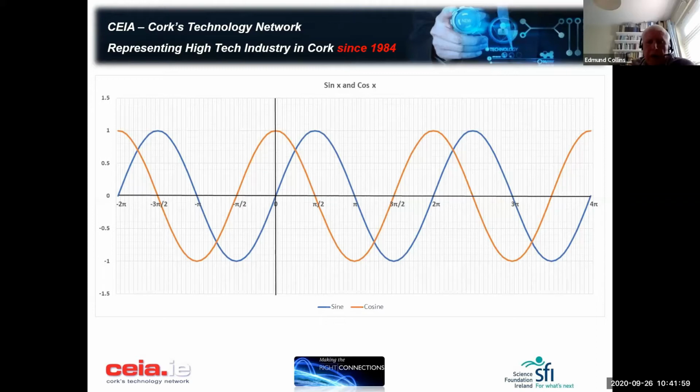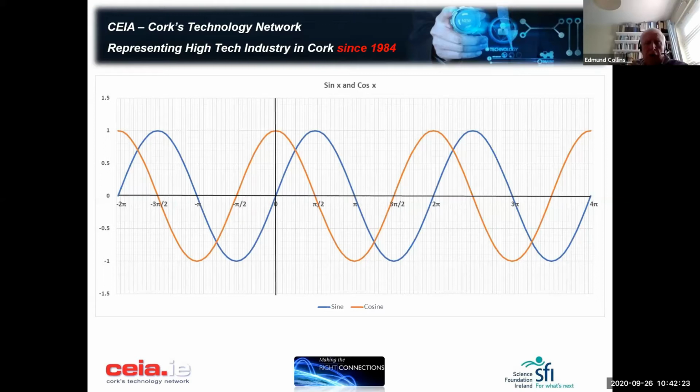So you can see the intersections, and this lines up with what we would have looked at earlier, that the value of the sine and cosine of 45 degrees is the same. So a lot can be read from looking at sine and cosine on a graph like this together.